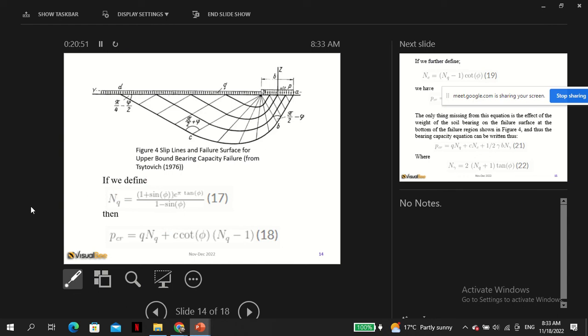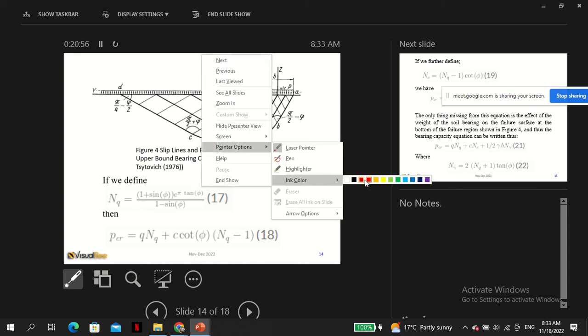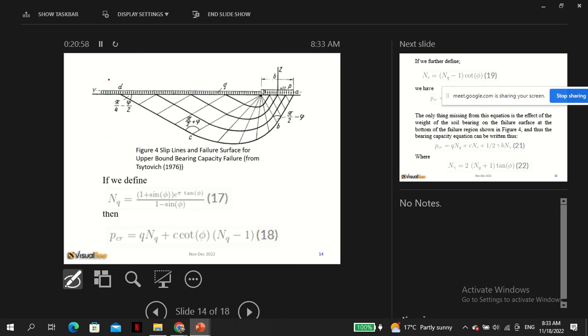If you define Nq, you remember, as I told you, eventually we will know that the bearing capacity of the soil is cNc plus qNq plus, a good student should start remembering this formula, gamma B Ngamma. Nq, I told you, is a function of phi.